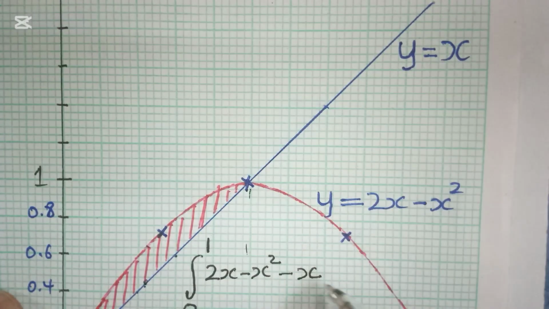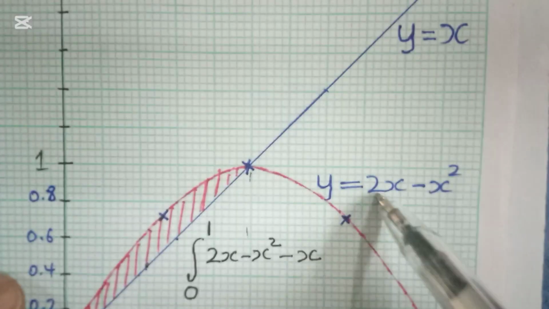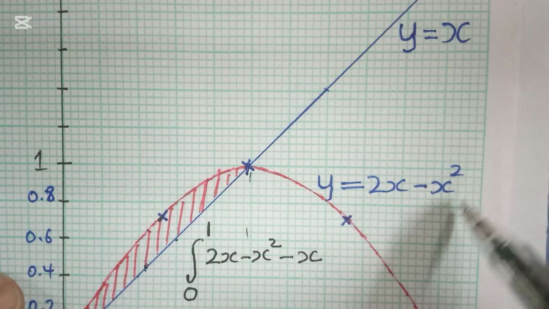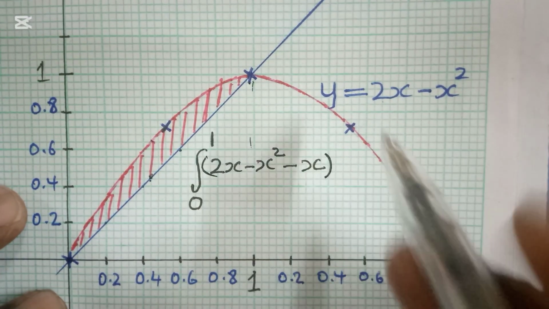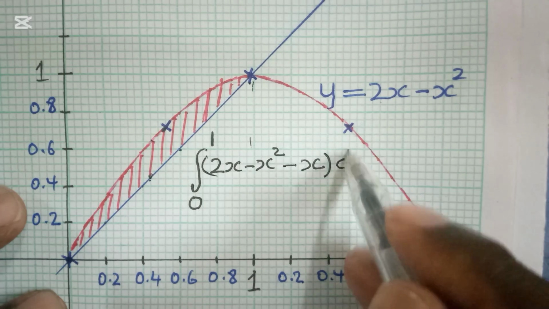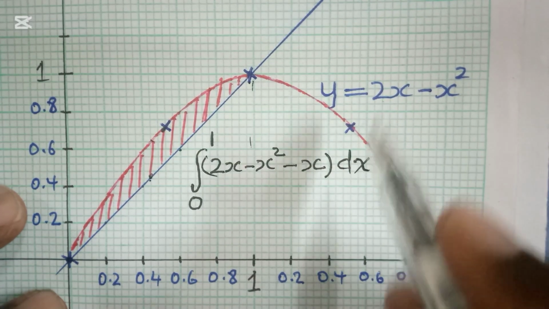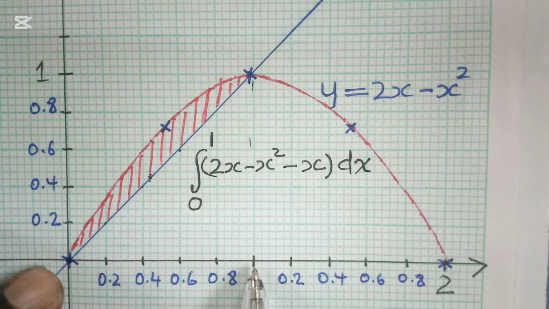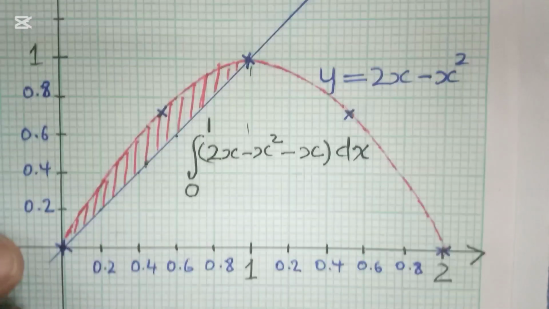So our point here is x, and we also have this other point, which is 2x minus x squared. All these, guys, we are going to integrate with reference to x, our variable being x, from this point to that point. And so therefore, guys, let's do that problem as it is written.